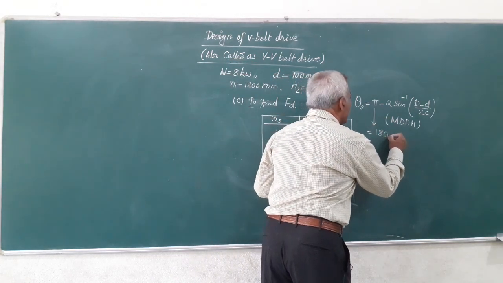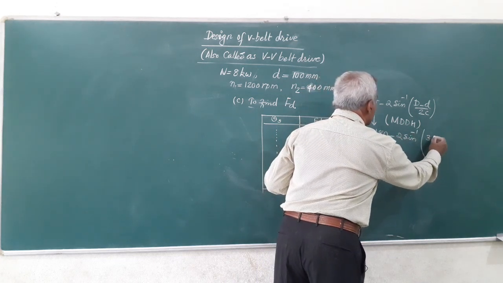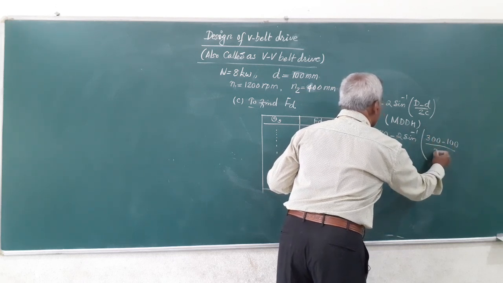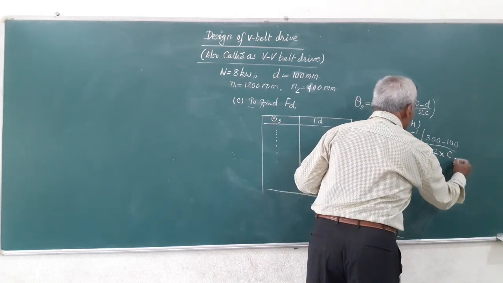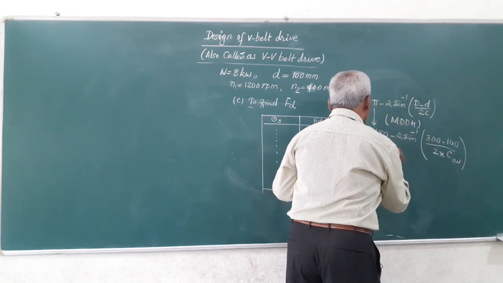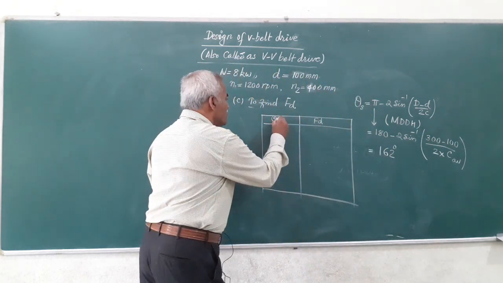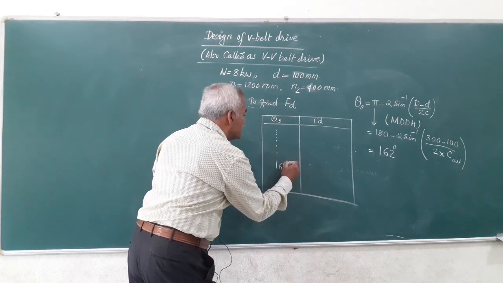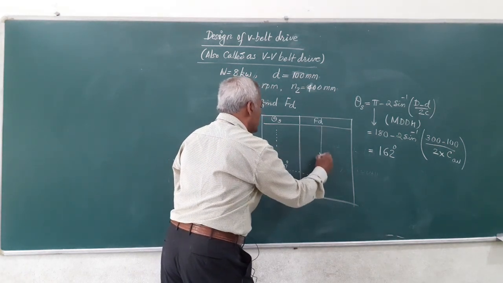So, this is 180 minus 2 times sin inverse of (D minus d) by 2c. D is 300, the other one is 100, and c is the center distance, the average value we have calculated, we can take. So, friends, say you are getting some 162 degrees. Once you have this theta s calculated, you come to this table, see where theta s is 162 degrees, and you can just see under this what is the value of this FD.